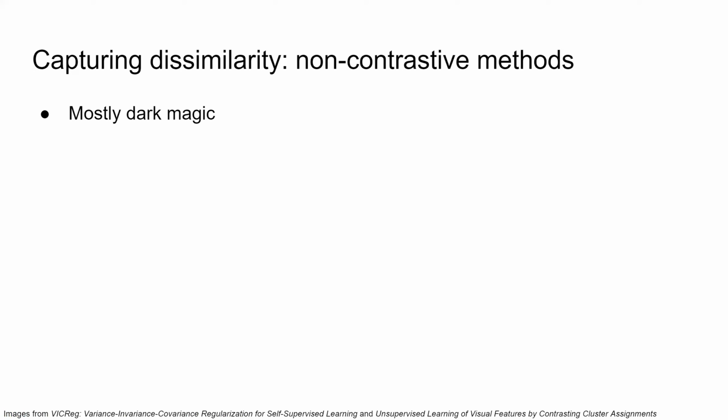So they've kind of come up with a set of guidelines for how to build non-contrastive models, at least in computer vision, but it's not 100% clear why they work and why other things don't work. But the key idea is that you want to use some kind of pivot to prevent collapse of the model.